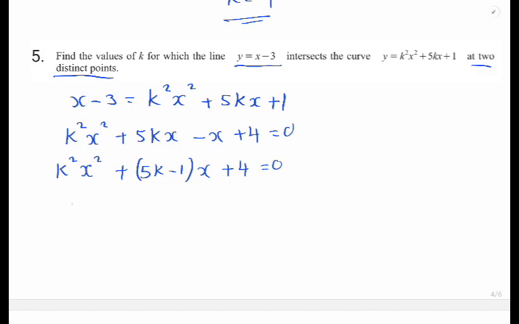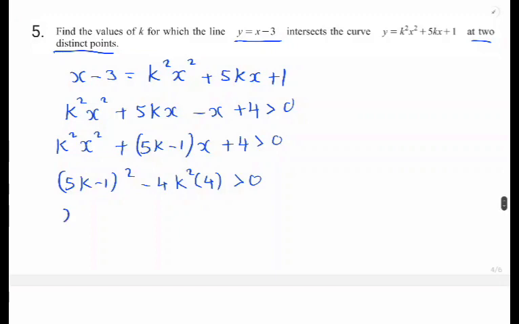So b squared is 5k minus 1 squared, minus 4, a is k squared, c is 4. And here we say at two distinct points. Two distinct points means I shouldn't use equal to 0. It's bigger than 0. So here bigger than 0.